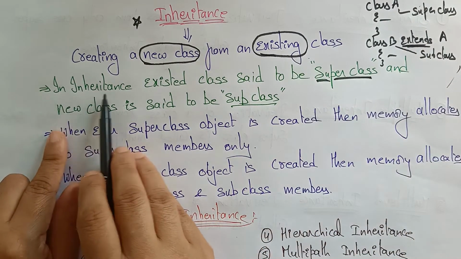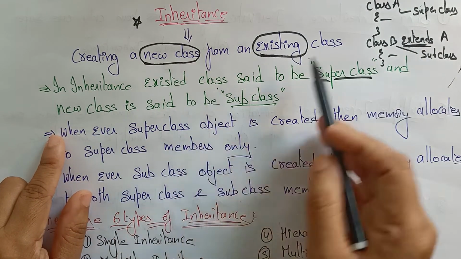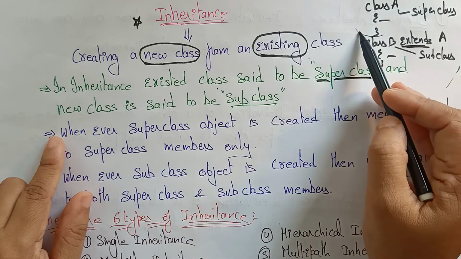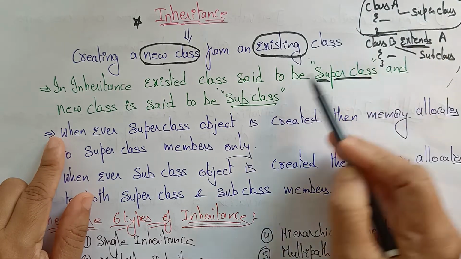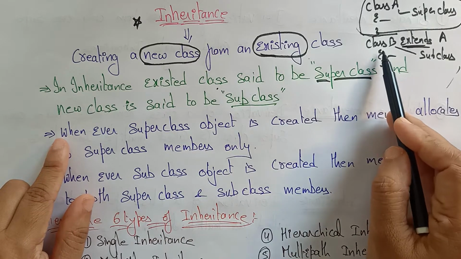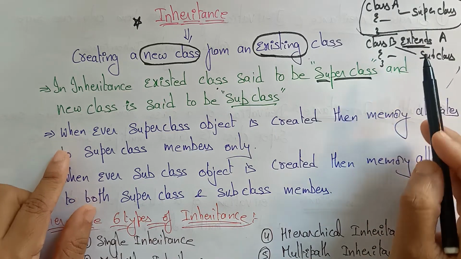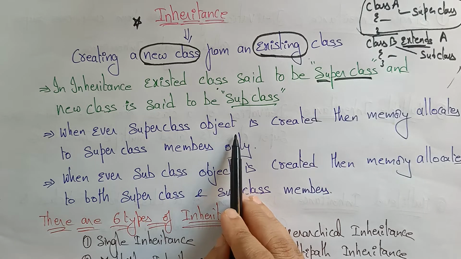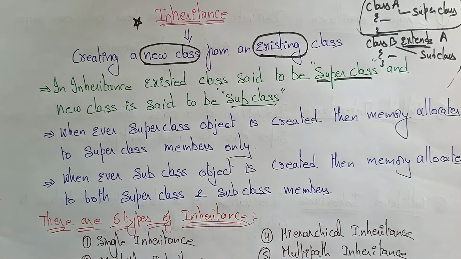In inheritance, the class that already exists is called a superclass, and the new class that you create is called a subclass. Whenever a superclass object is created, please listen carefully, because object creation and object reference in the superclass and subclass is somewhat complicated.